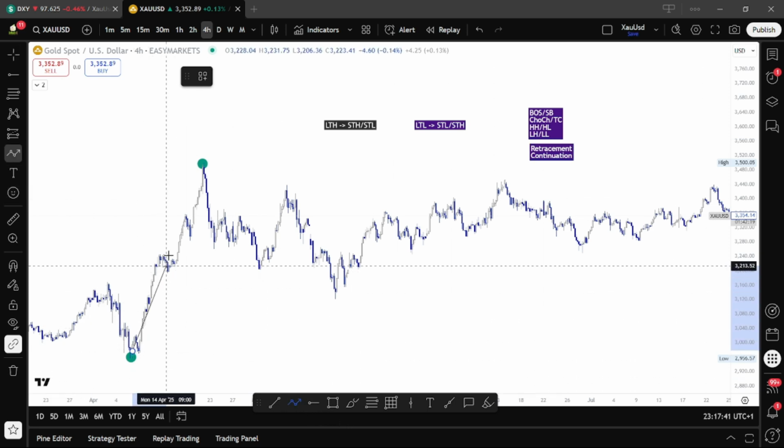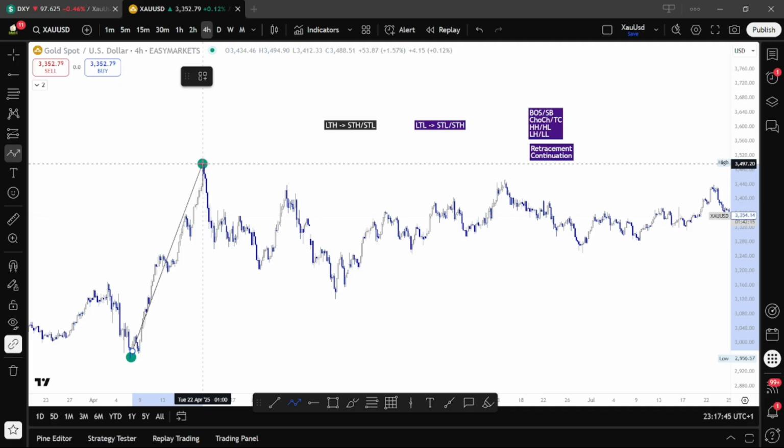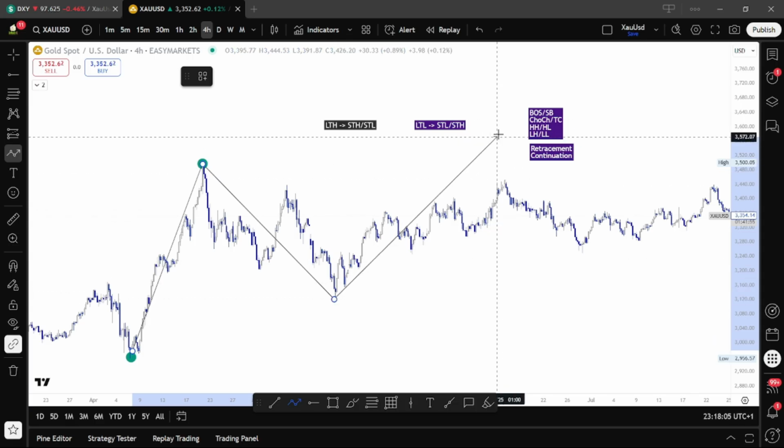For instance, if the market is going up, continuing to the upside, it is distributing to the upside. I'm also going to write down distributing. Then there is also going to be a retracement. The retracement is something like selling off. Since the market is bullish, the retracement is selling off before resuming the current trend, before continuing in the direction it is going.